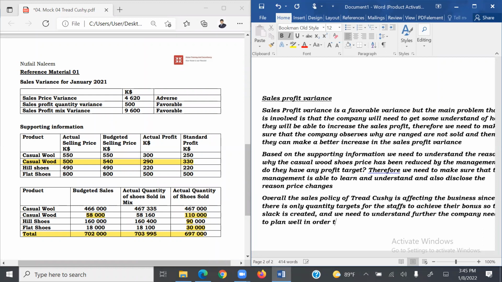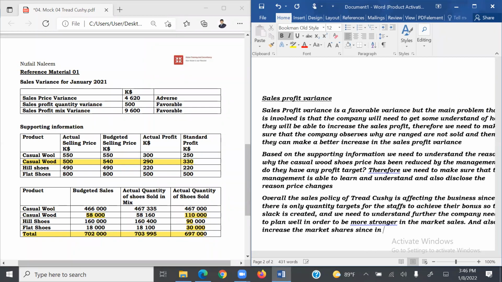In order to be stronger in the market sales, and also to increase the market share.